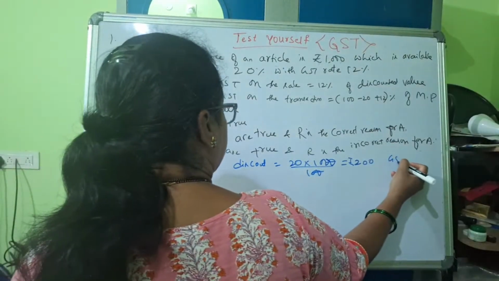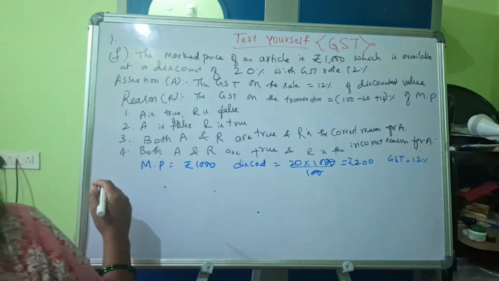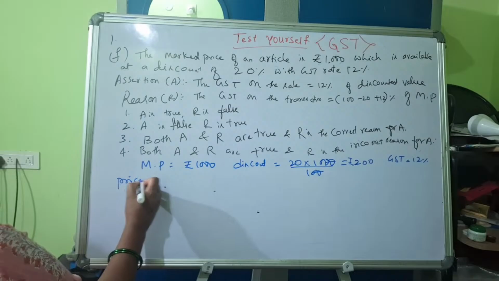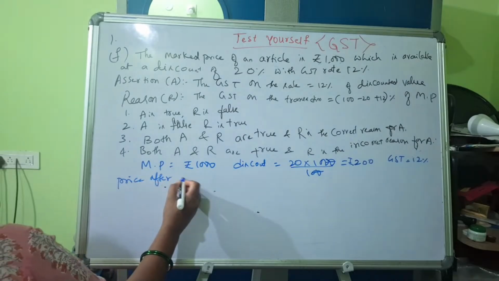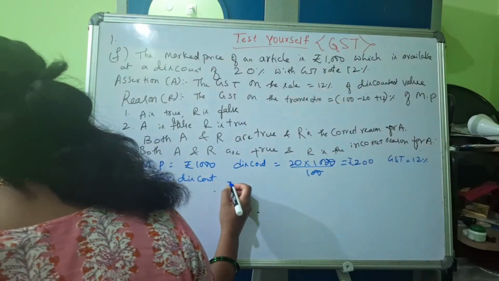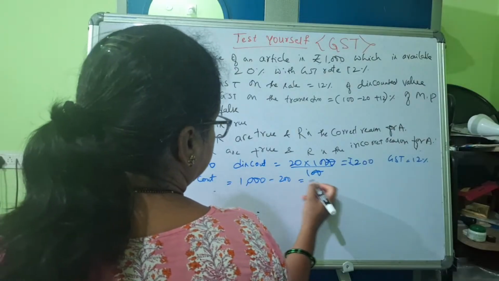GST is 12%. So the price after discount is equal to 1000 minus 200, which is equal to 800.